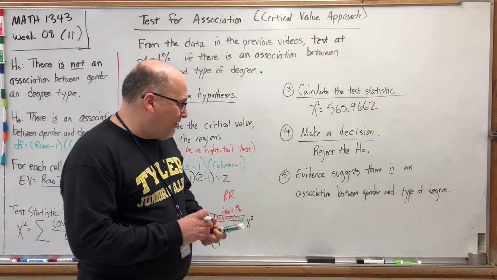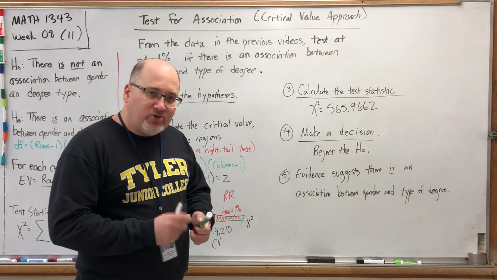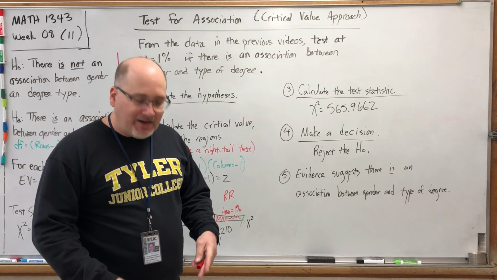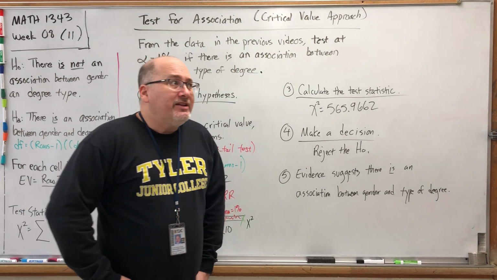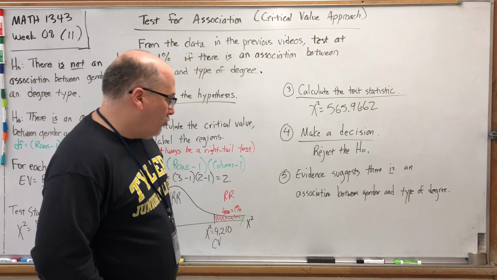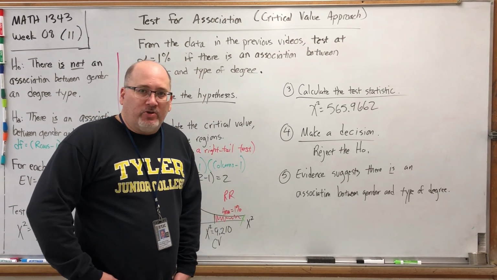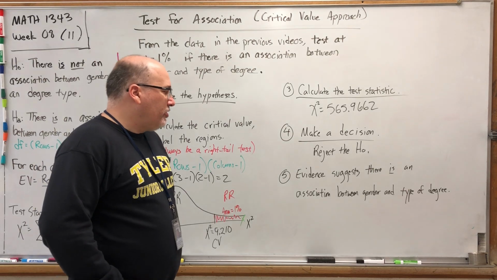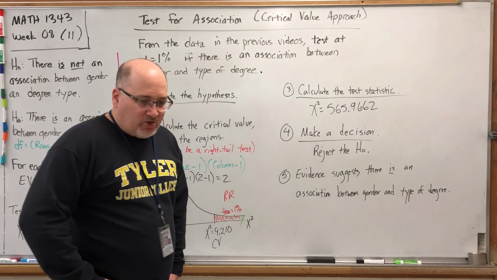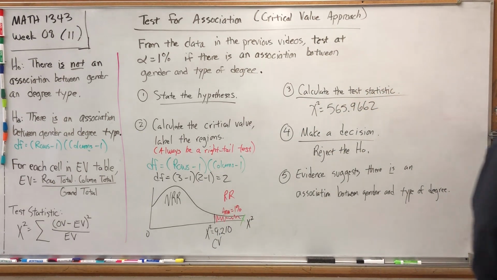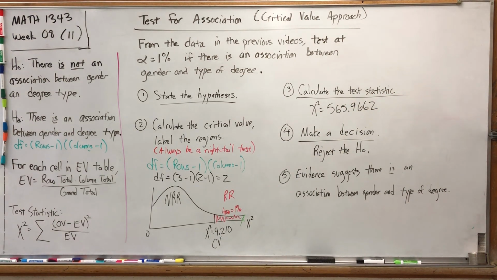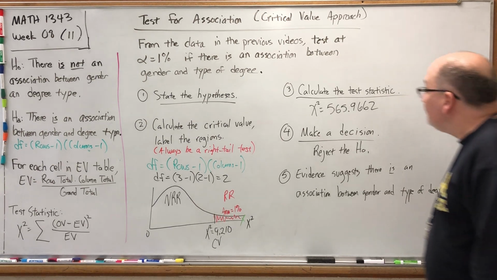But the fact that this evidence suggests that there is an association might cause somebody to analyze the cause of that association and see if there's a way to rectify it so that there is no longer an association. That's under the assumption that the existence of an association is a negative thing, and it very well could be. But this is very strong evidence because that test statistic was ridiculously large.